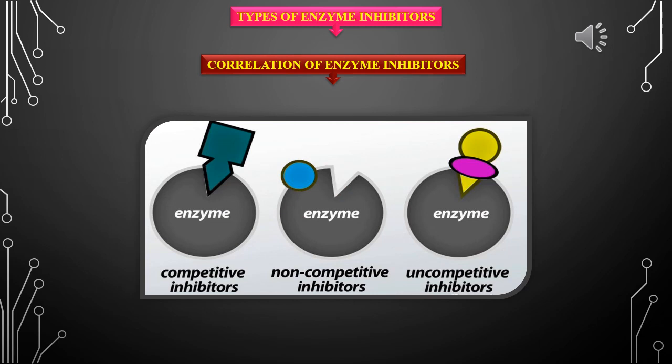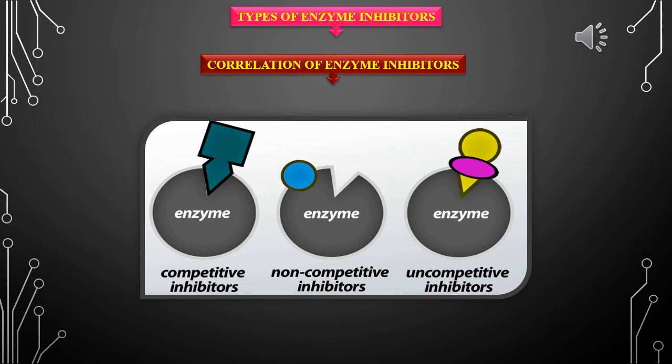Coming to the correlation of enzyme inhibitors. We have discussed reversible inhibitors: competitive, non-competitive, uncompetitive, allosteric and feedback inhibition. These are the inhibition processes we will come across in metabolic pathways and important inhibitory processes. We have not discussed irreversible and other inhibition processes.